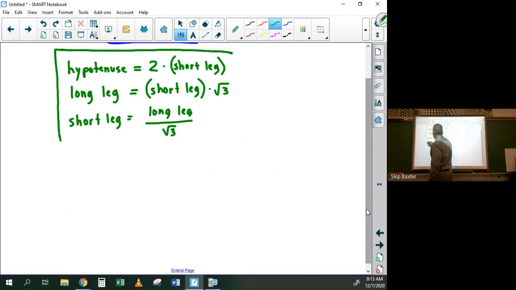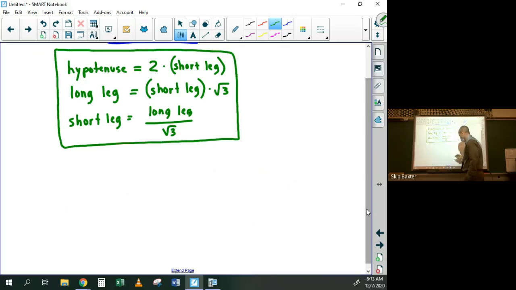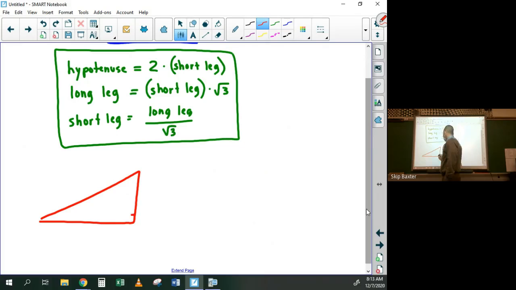Now, we could be given any one of the 3 sides. For example, suppose they gave us the short leg. If this is a 30, 60, 90 triangle, and the short leg is 7, then according to the first shortcut, the hypotenuse is going to be double that.